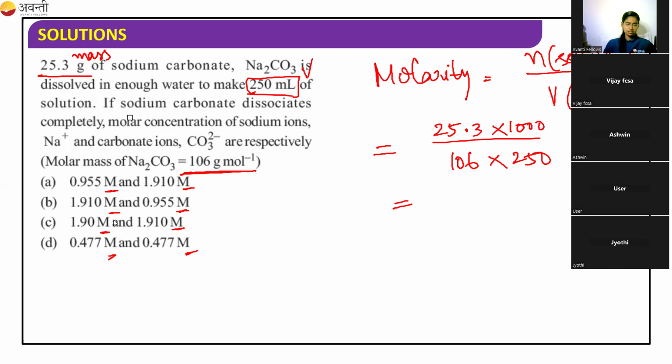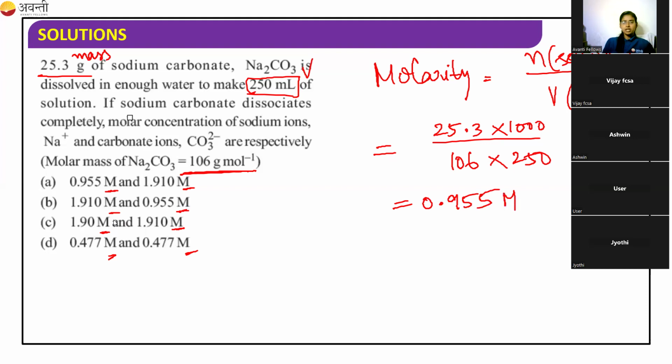All of you are getting the same answer? Okay, wait. 0.955 is the value. Yeah. 0.955. Very good. This is the molarity formula.